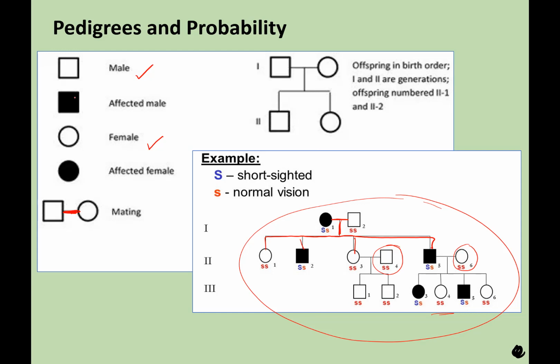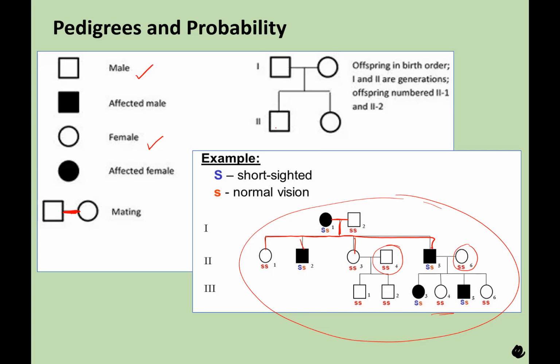When the square or circle is faded in, that means that person is affected. Affected can mean anything from, if you're looking at the inheritance of freckles, has freckles, or has a specific disease, say. So affected means you have it. It doesn't tell you yet how that gene is inherited.